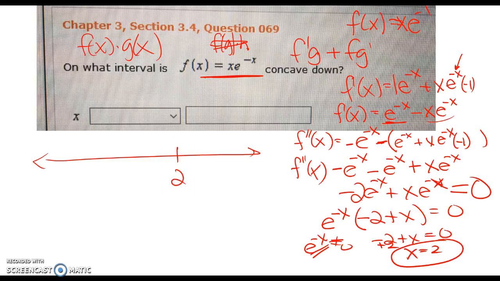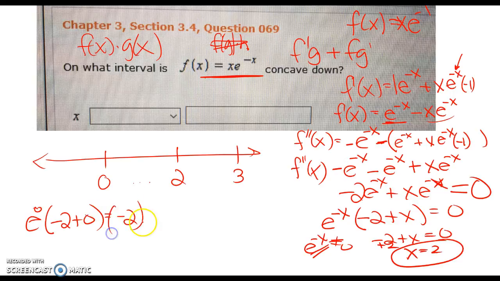I need to determine the signs of that second derivative on each side. So let's look at 0, that's easy, and then we can look at 3. If I take the second derivative and plug in 0, e to the 0 times negative 2 plus 0. Well, anything to the 0 is 1, so this thing equals negative 2, doesn't it? So we think the derivative is negative on this side, right?